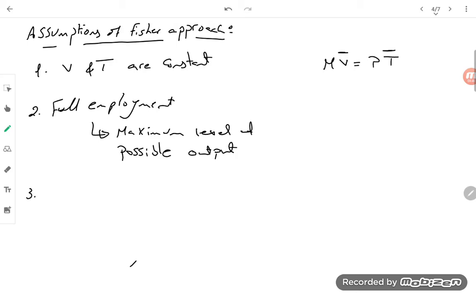Number three, price level doesn't affect any other variable in the economy.